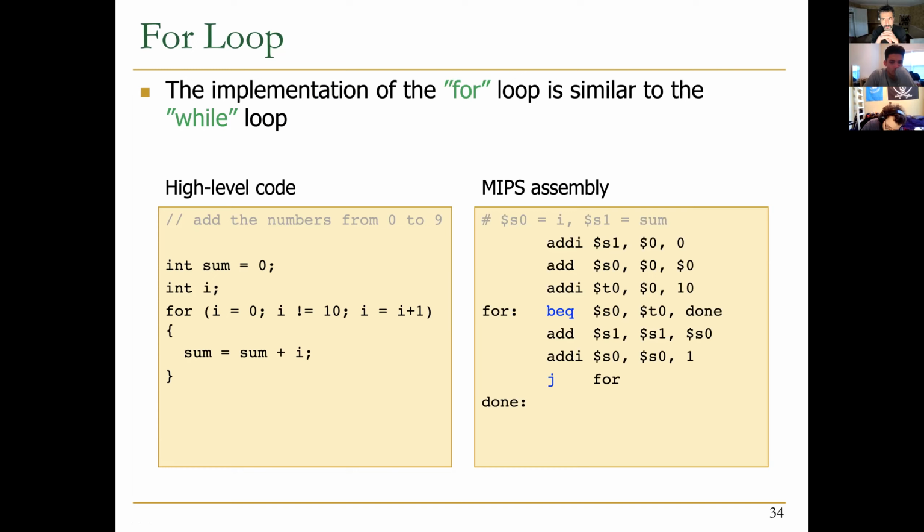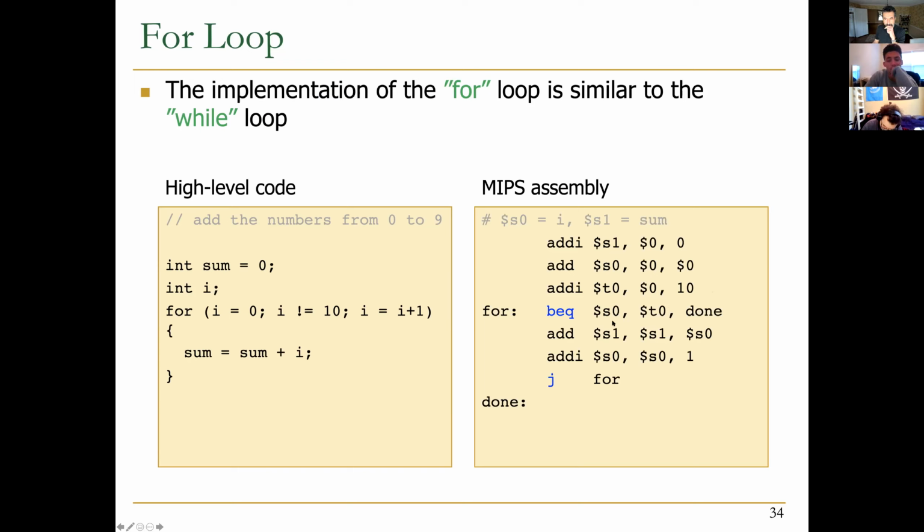Branch equal checks the value of 2 registers, and that's why you need to explicitly put this condition part into a register instead of using it as an immediate value.